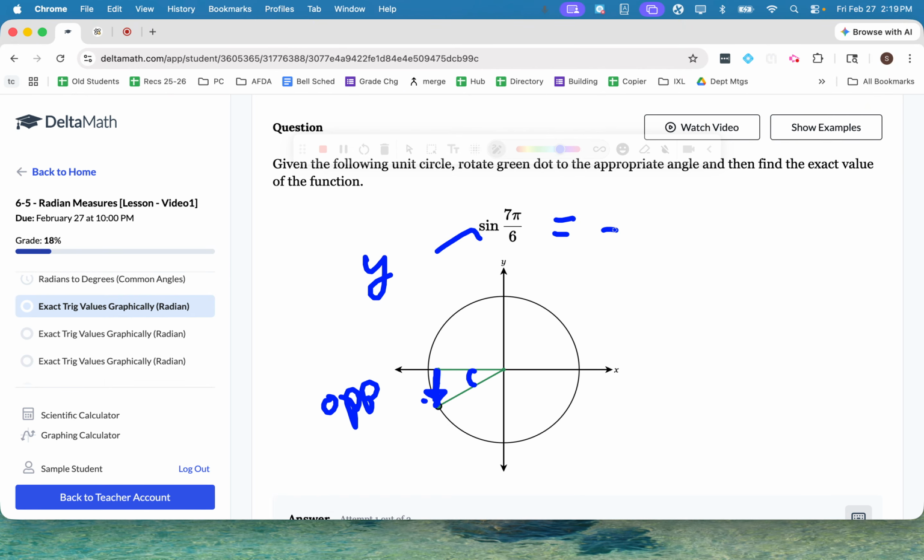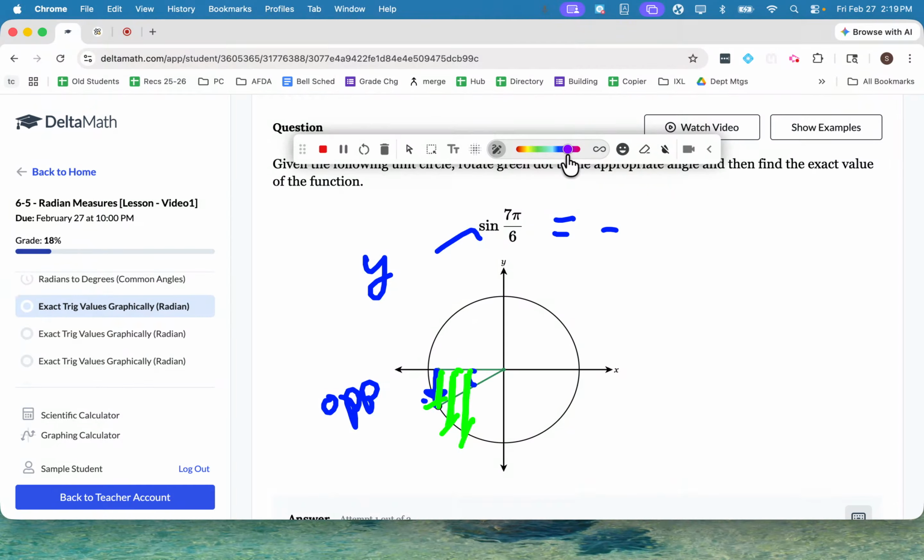Because sine is affiliated with y, you are definitely going to have a negative number. Now, when you're inside the quadrant, there are 1, 2, 3 stops inside the quadrant that are your common angles. And what I suggest is that you do literally memorize the 3 values for each trig function, and they're the same for all 3.